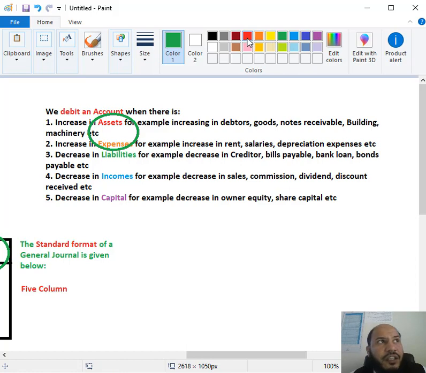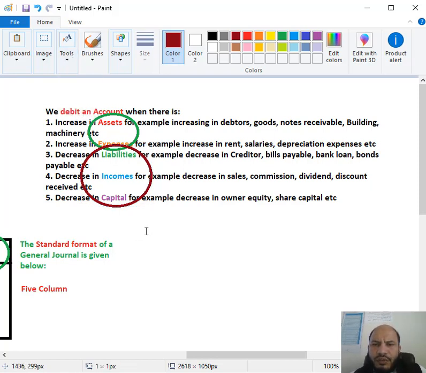And if there is a decrease in liability, decrease in income, and decrease in capital, so we will record these decrease of liabilities, decrease of income, and decrease in capital as a debit account. These are the rules for debiting the account.